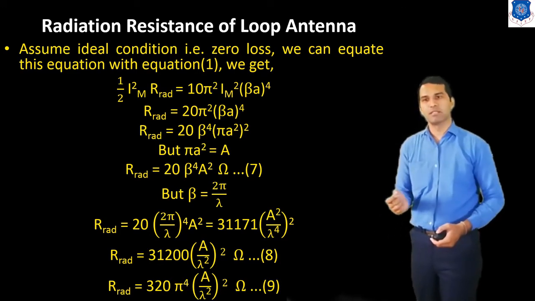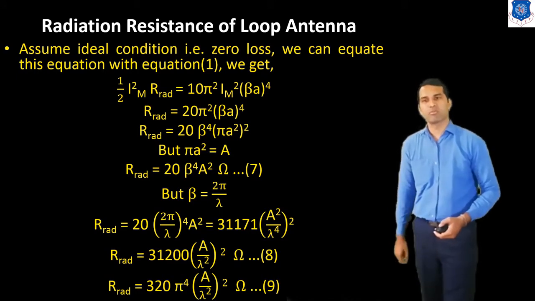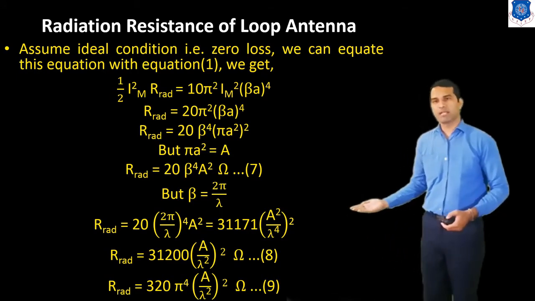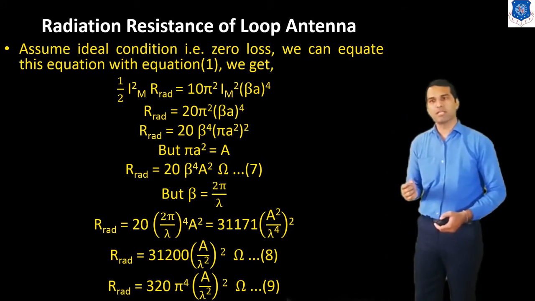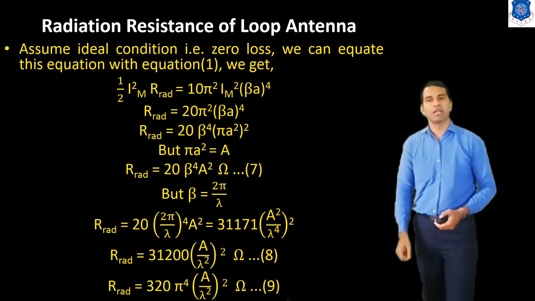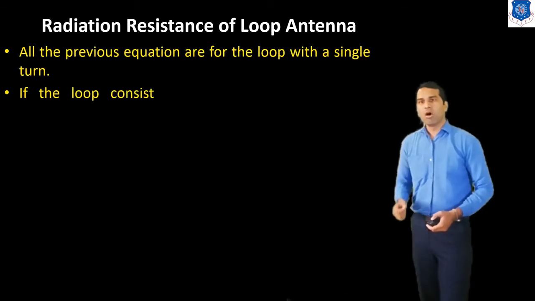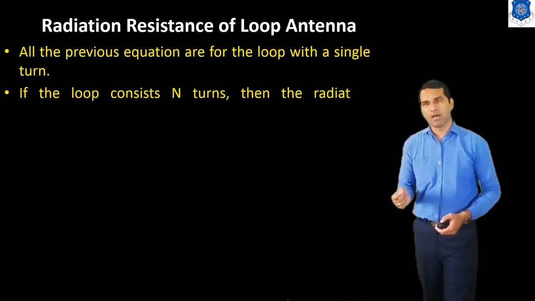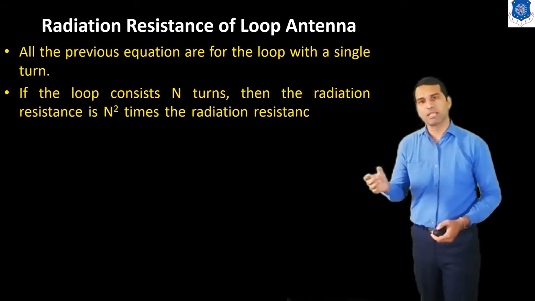Radiation resistance is nearly 31200 (A/λ²)². And also we can write this term in the π form as radiation resistance equal to 320π⁴ (A/λ²)². All the previous equations are for the loop with a single turn, we have taken for the single turn.